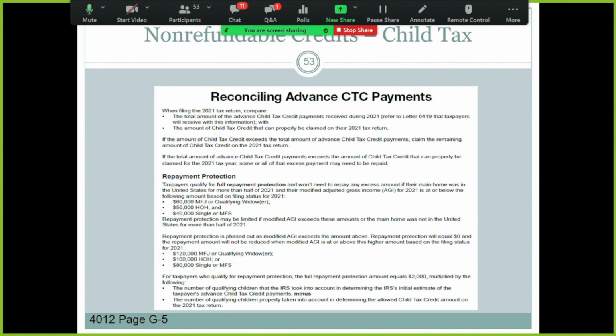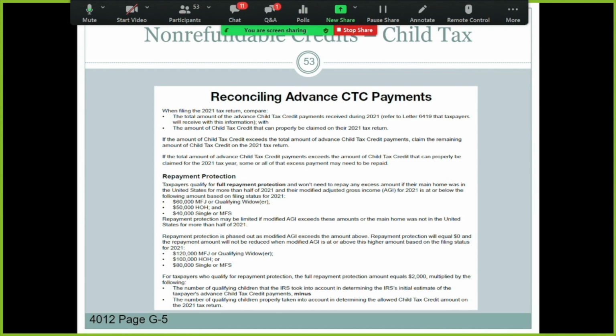There's an amount for married filing jointly, head of household, and single. Repayment protection may be limited if modified AGI exceeds these amounts or the main home was not in the United States for more than half of 2021. And based on the information input into TaxSlayer, this will be automatically computed.